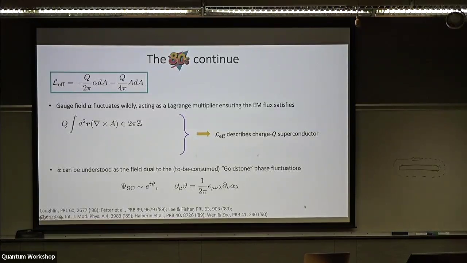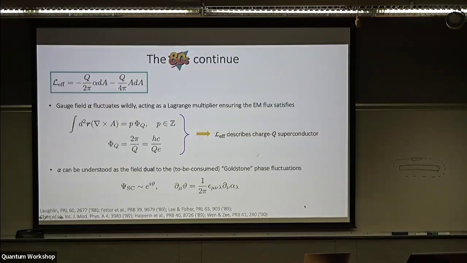It's actually an angle from 0 to 2 pi. So what we're really saying is that q times the integral of the flux has to be 2 pi times an integer, or that the flux is quantized in units of phi q. So that's 2 pi over q, or in units hc over qe. And so this isn't just a superconductor, it's a charge q superconductor.